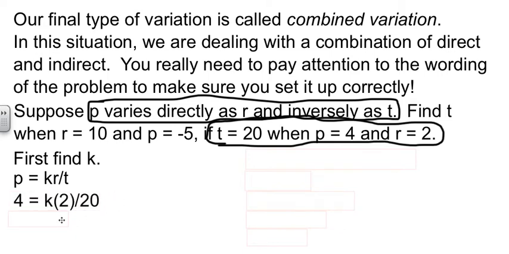To get K by itself, I need to multiply the 20 over to the 4 and then divide by the 2. So now I have a value of K is 40.